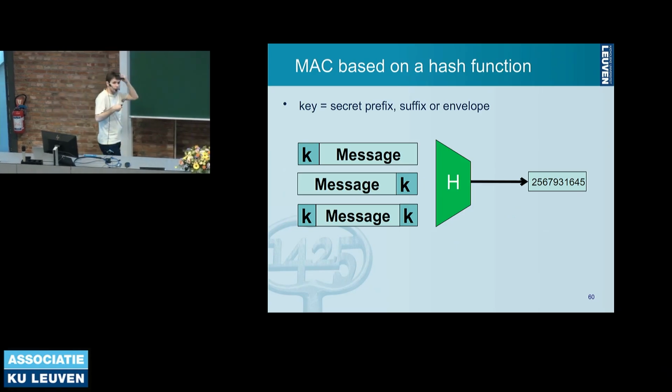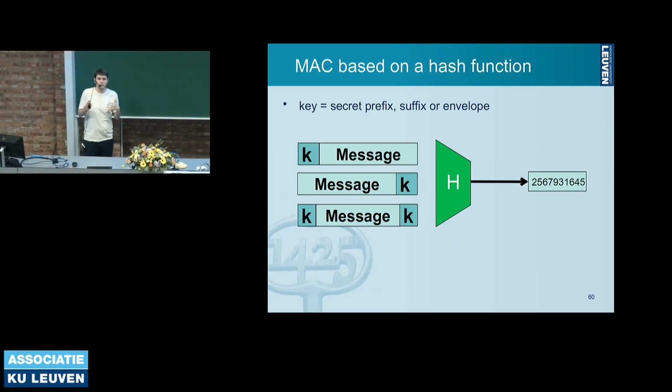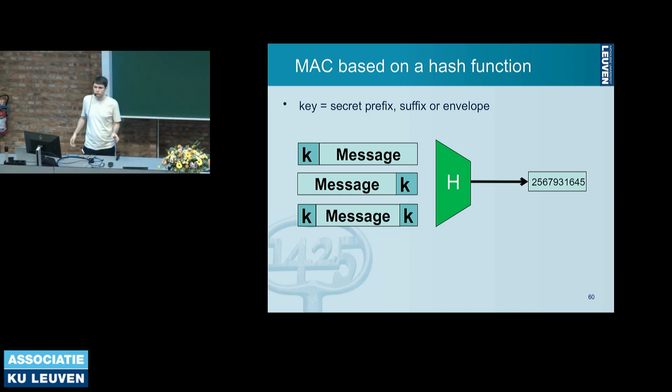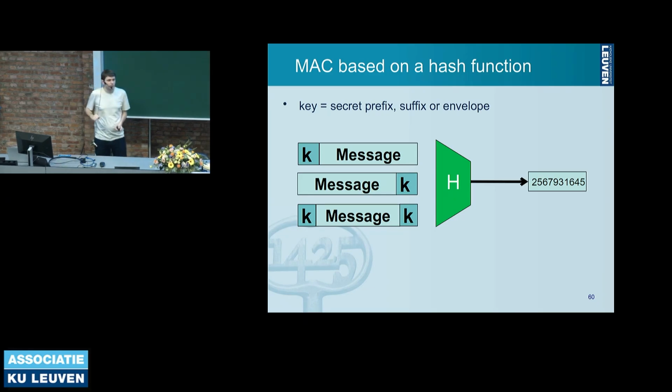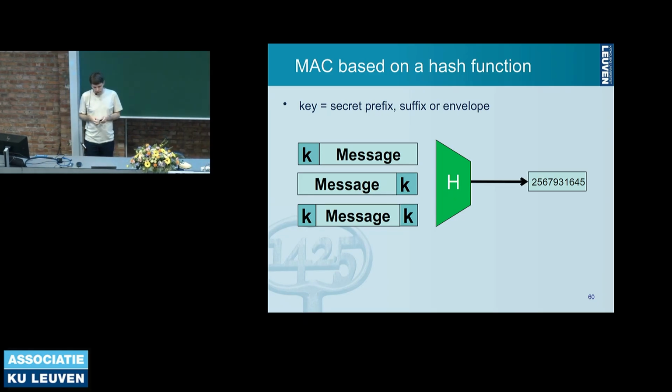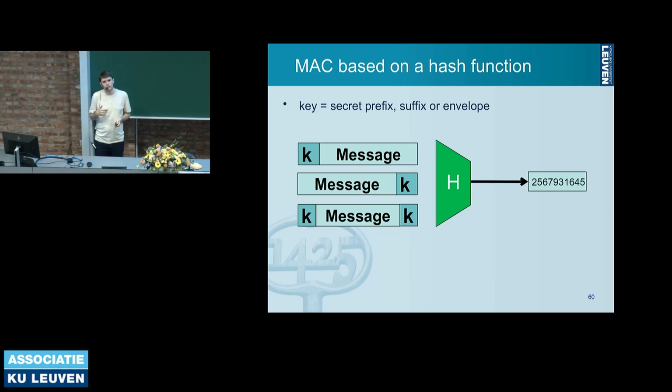You can also use an unkeyed hash function to build your MAC. An easy way to do this is to prepend the key to your message. This would actually be fine, except that many of these, especially older hash functions, had the length extension problem.